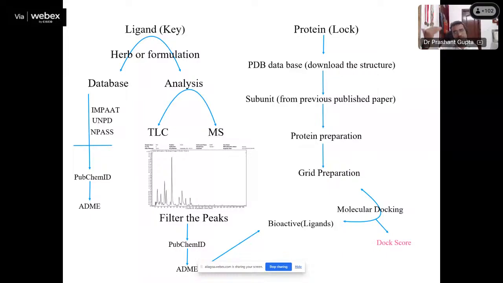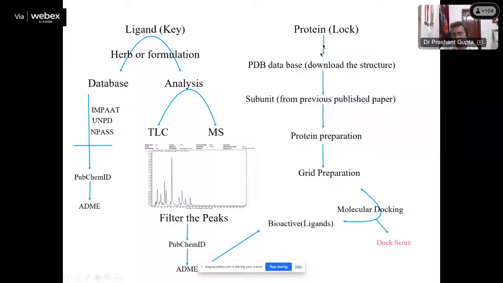Depending on previous publications also, we filter such phytoconstituents, and then we do the ADME and our keys are ready. This part is okay. We do it two ways. One is MS, TLC, MS, then we get such peaks, and then we do the ADME. Here also we do the ADME, and then we just take the bioactives, which are called the keys.